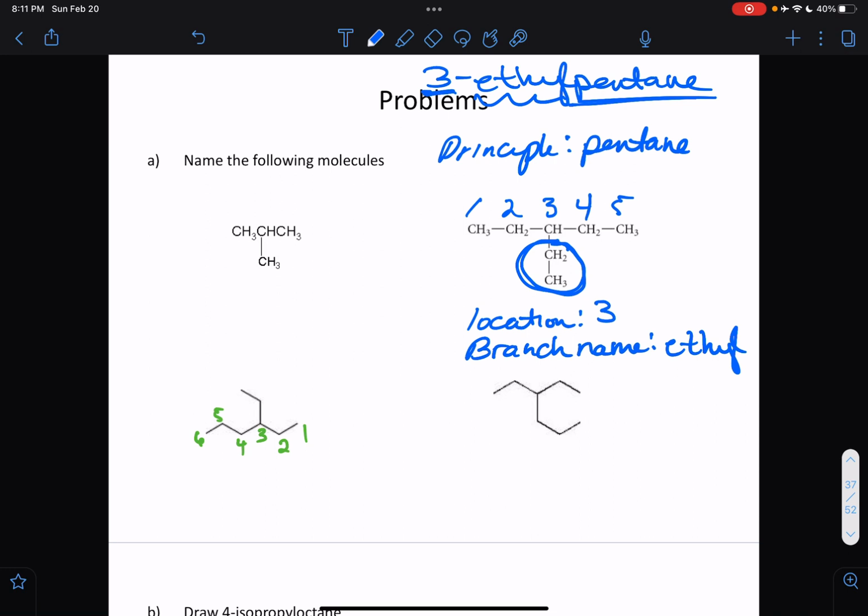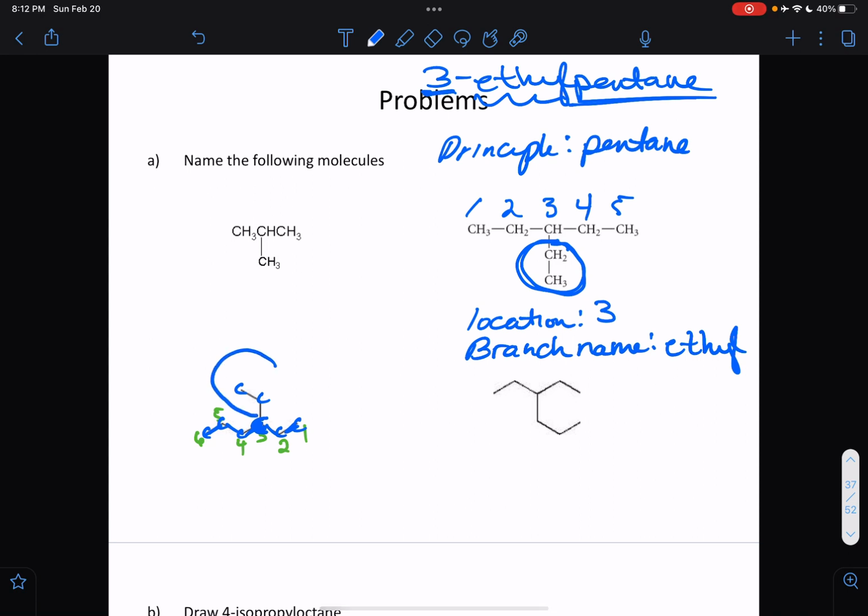All right, so where is the branch? What is it? Well, it's on carbon number 3, and let's identify it by drawing our carbons of the principal chain back onto the principal chain. So remember, longest continuous carbon chain. Let's also put them in the branch. Now, remember that you don't include the carbon that the branch is connected to in the number of carbons for your branch.